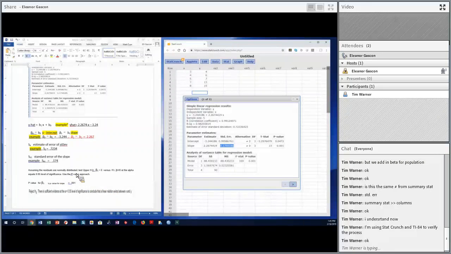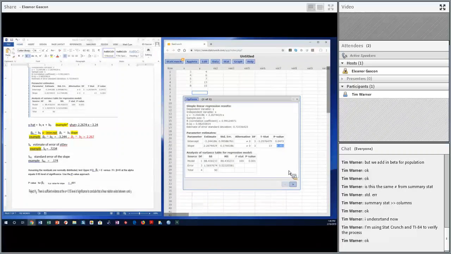So the next piece then is to do a hypothesis test. Assuming the residuals are normally distributed, your H0 is beta 1 is 0, because we're talking residuals now, versus H1, which is beta 1 is not equal to 0, and alpha. Find the p-value. Well, guess what?